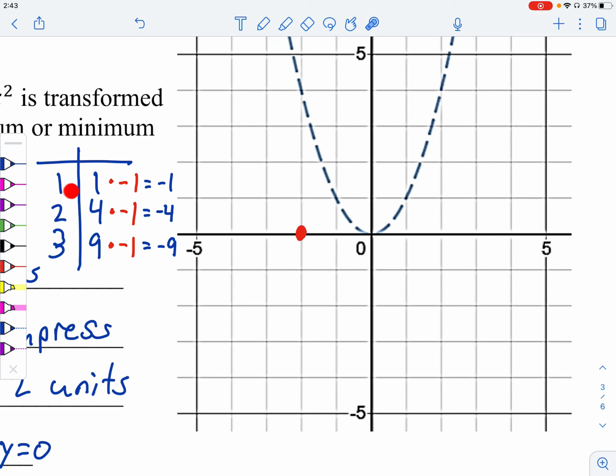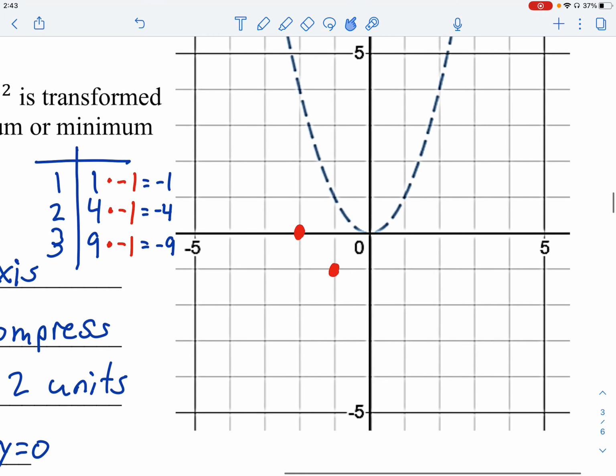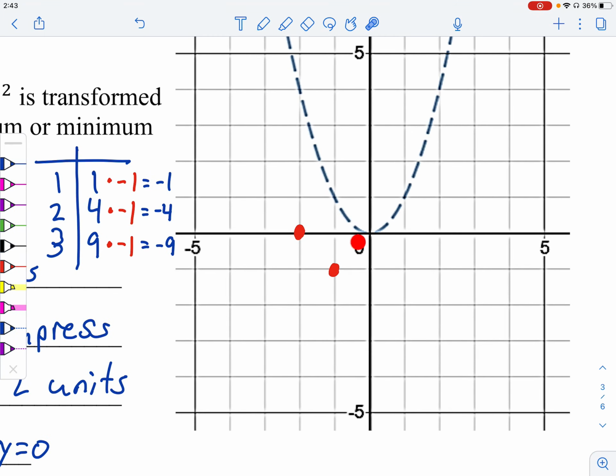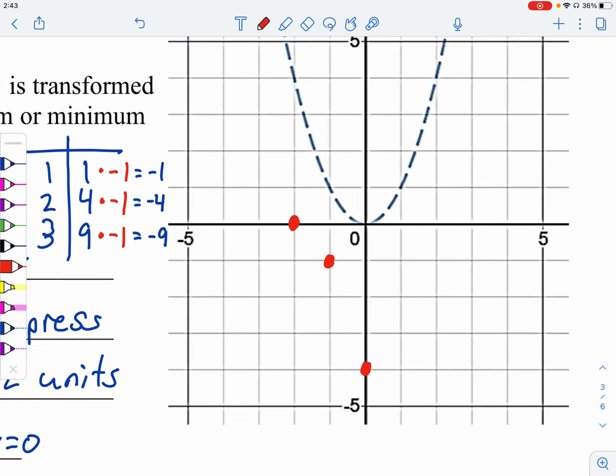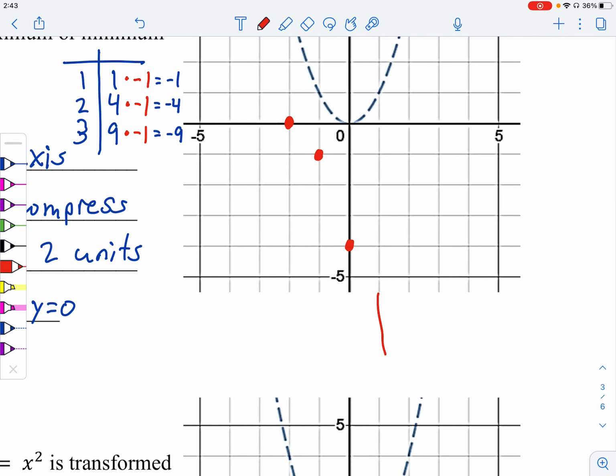So we have right 1, down 1, since it's negative. Right 1, down 1, right there. Then our next line, right 2, down 4. The next line, down 4. There. -9 will be way down here. You estimate it.